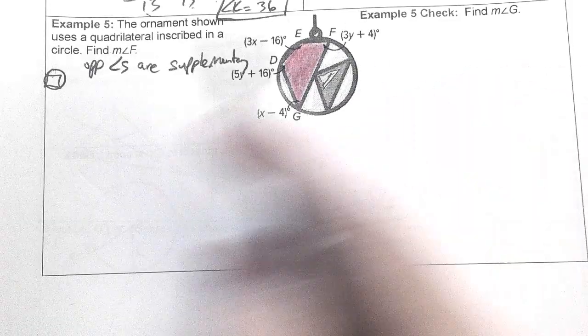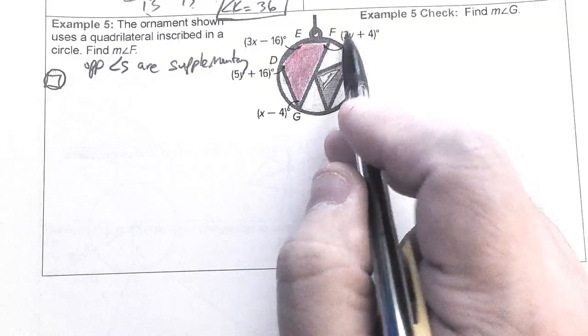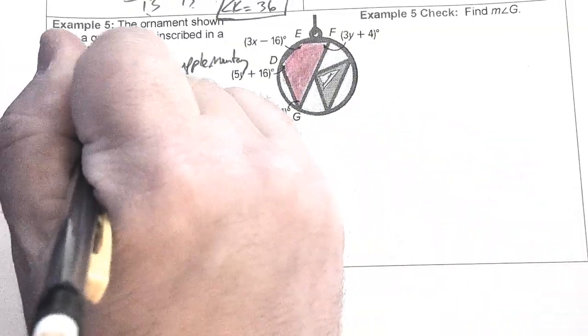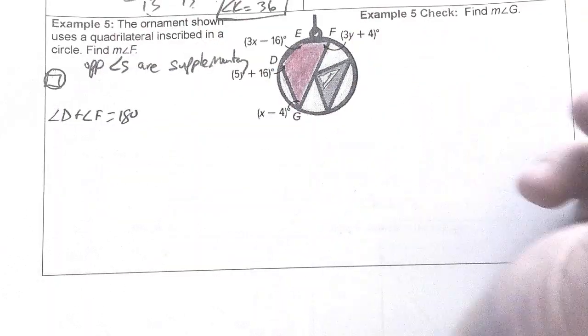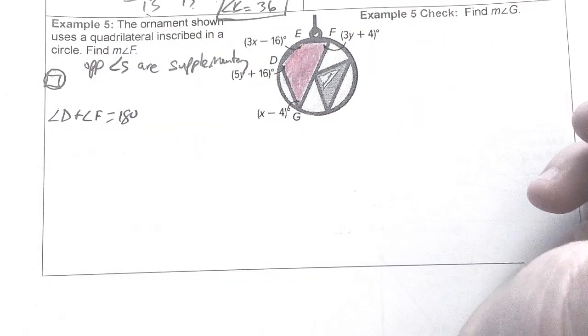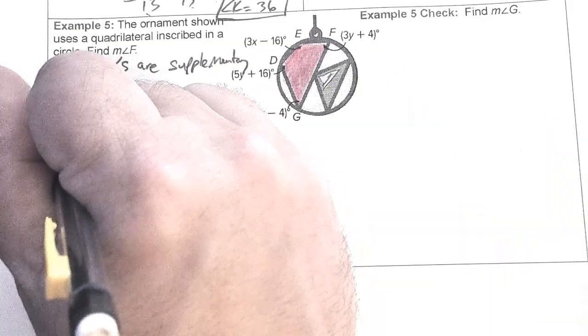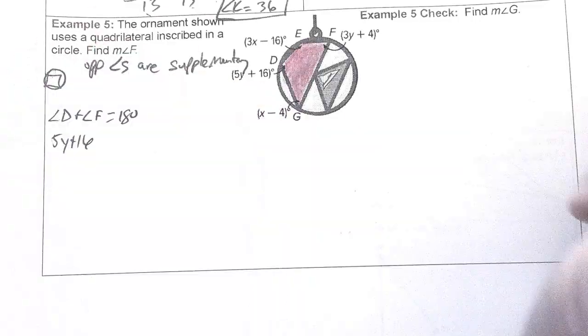For us, we're looking for F, so F and D equal 180. So angle D plus angle F. Angle D is 5y plus 16.